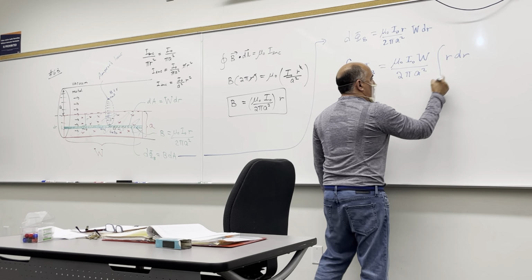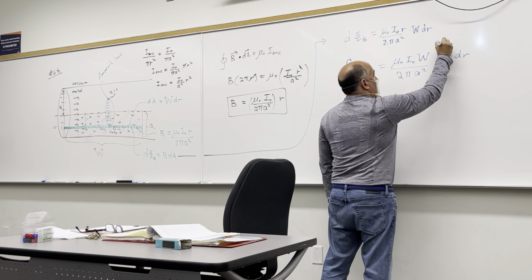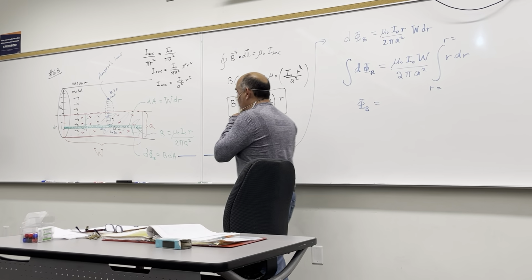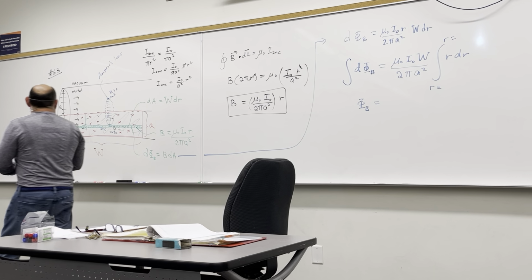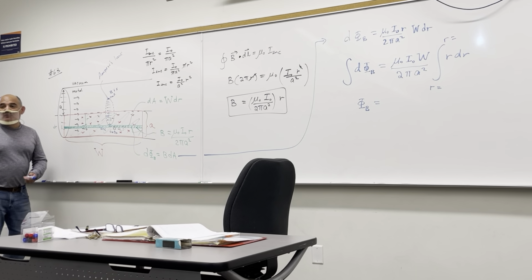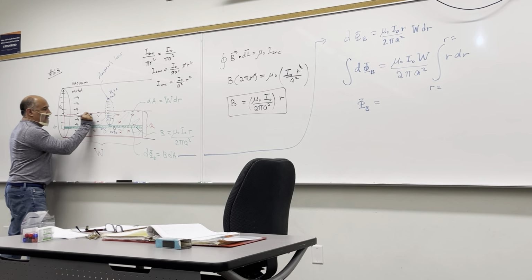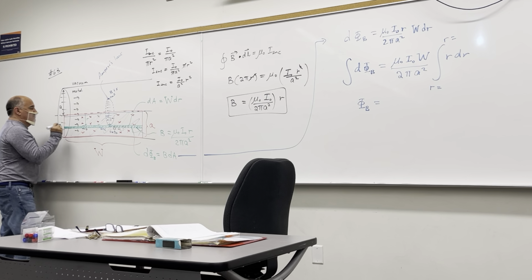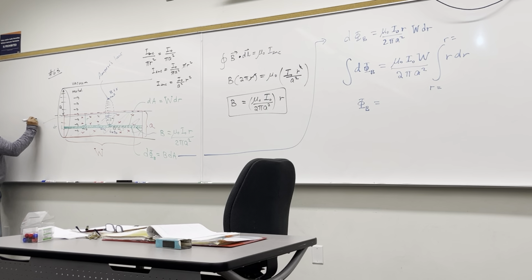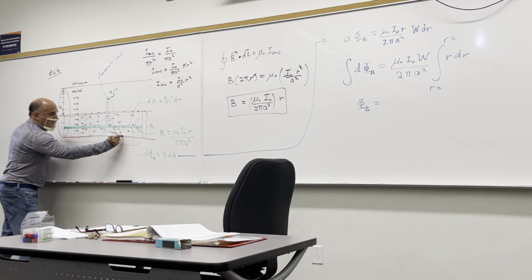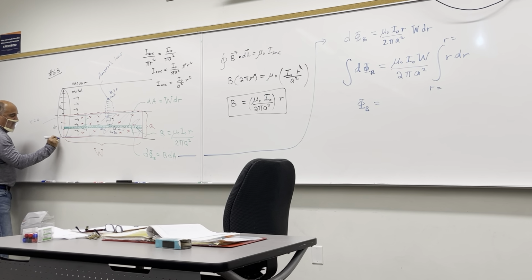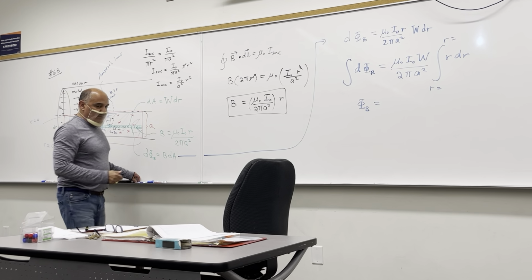And here we're integrating with respect to r, so we integrate from what value of r to what value of r, so that I fill this rectangle with strips? When I consider my first strip, what's the value of r over there? 0. And when I consider my last strip over here, what's the value of r over there? a. So I integrate from 0 to a.